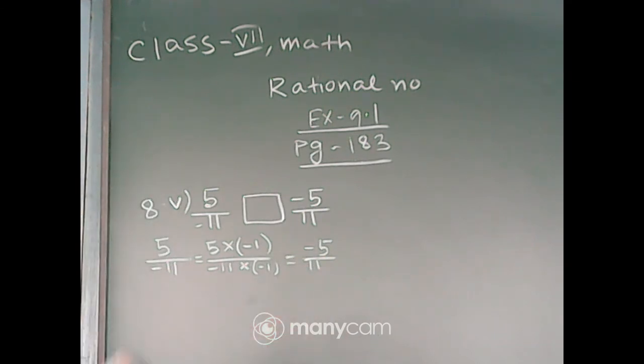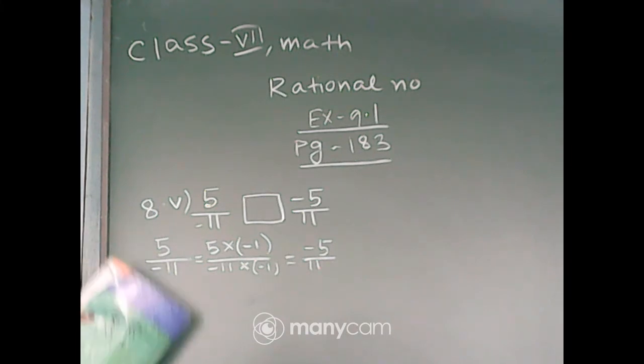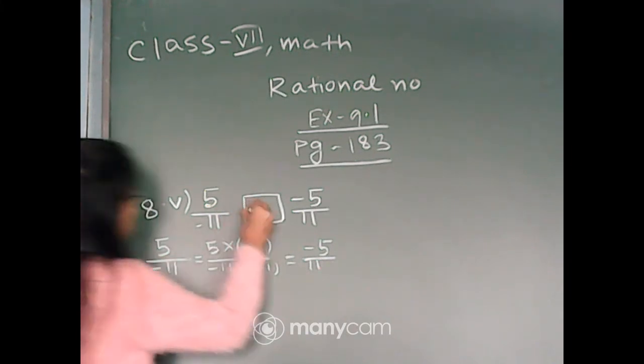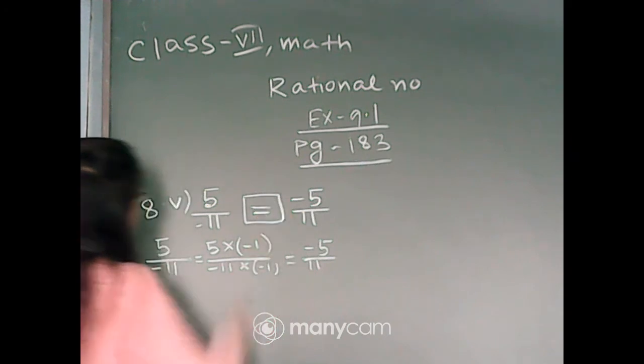So these two rational numbers are equal. So here the sign is equal to.